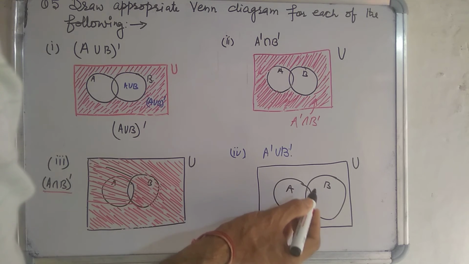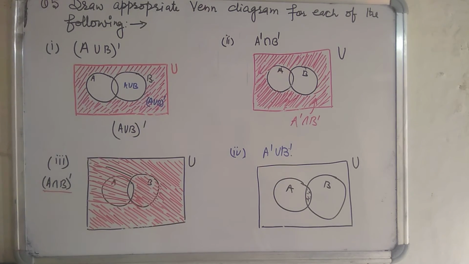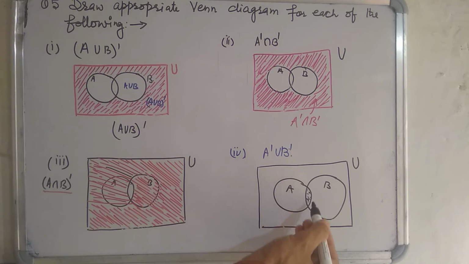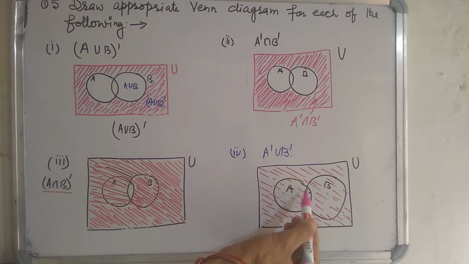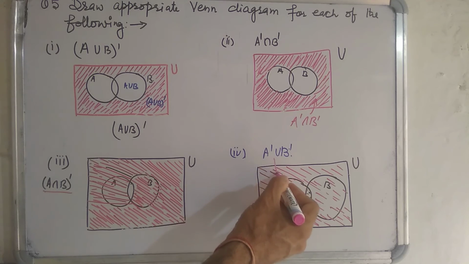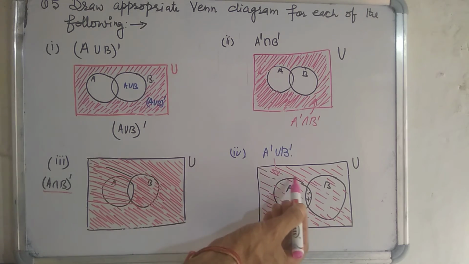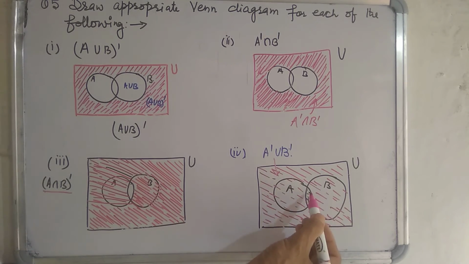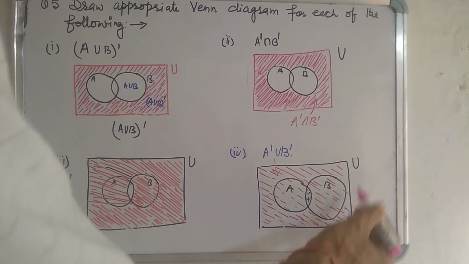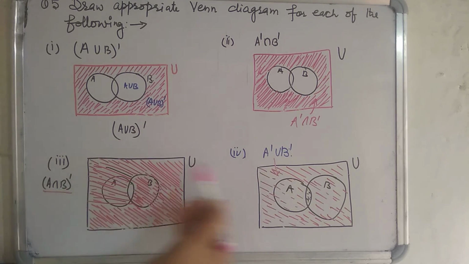This whole shaded portion represents A dash union B dash, meaning the complement of A union the complement of B, because the complement of A is outside set A and the complement of B is outside set B. From these two diagrams we see they are the same, so these two sets are equal.